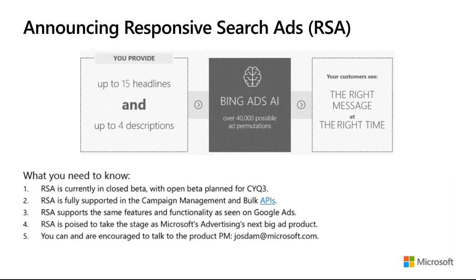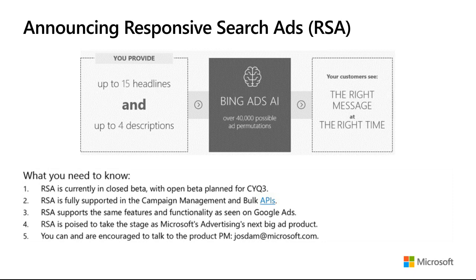Then, Bing analyzes all the possible combinations of these headlines and descriptions before ad delivery to determine which combinations are powerful, and then during delivery, based on the intent signals available, which one is the best available ad to show at the right time to your potential customer. In terms of the actual delivery of the ad, we're still choosing up to 3 headlines and 2 descriptions, like one of your expanded text ads may serve.